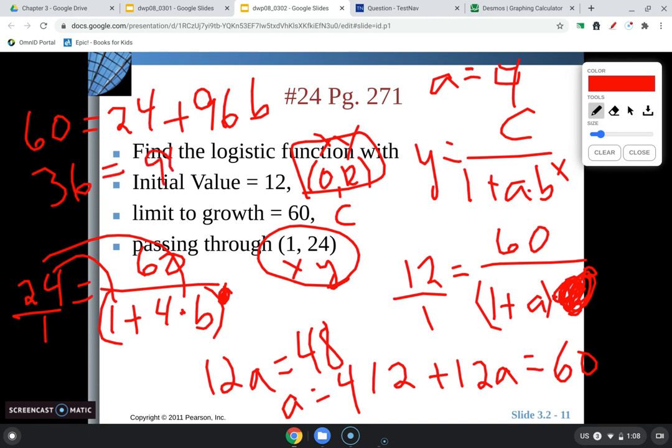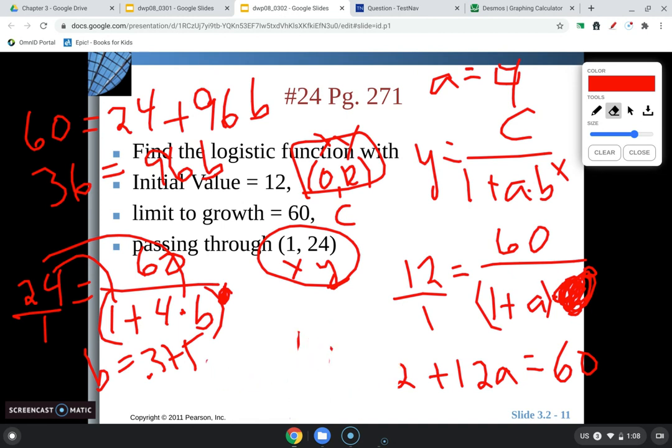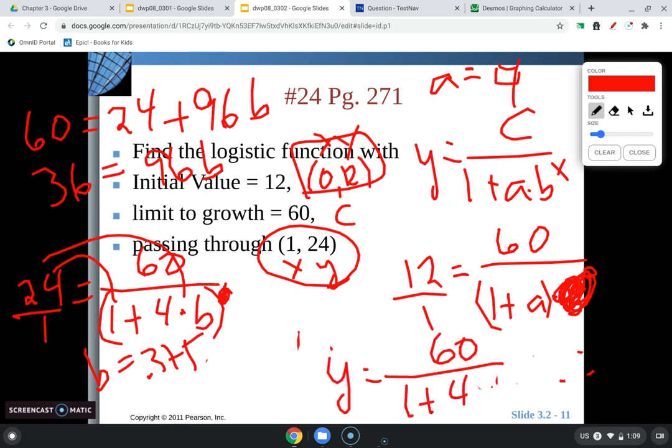So 36 equals 96b. And then 36 divided by 96 is 0.375. So our b value is 0.375. Then if we want to write our final equation, we found a, we found b. So it's going to look like y equals 60 over 1 plus 4 times 0.375 to the x. All right, there's one like that on the assignment, and there's one like that on the quiz as well.